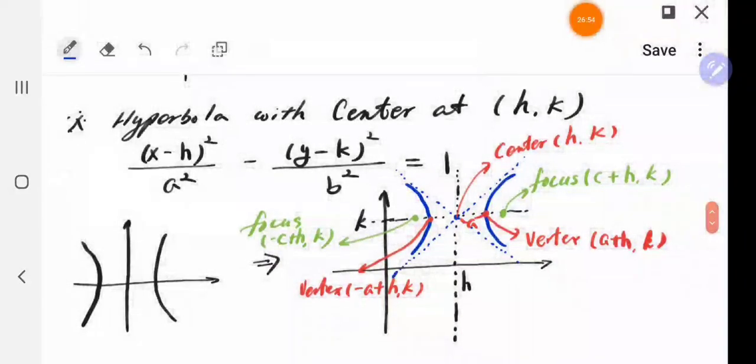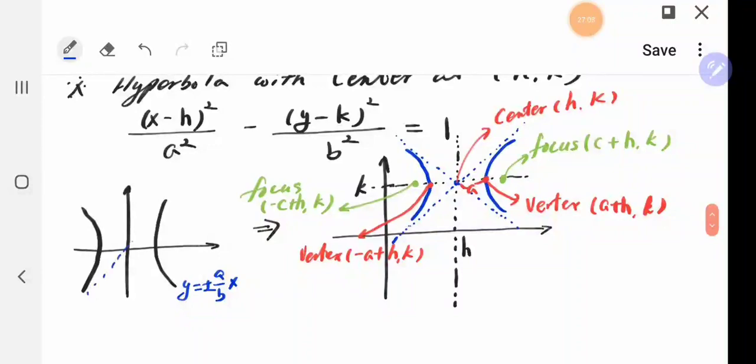How about the equation of the asymptote? The original asymptotes were Y equal to plus or minus A over B X, two asymptote lines.